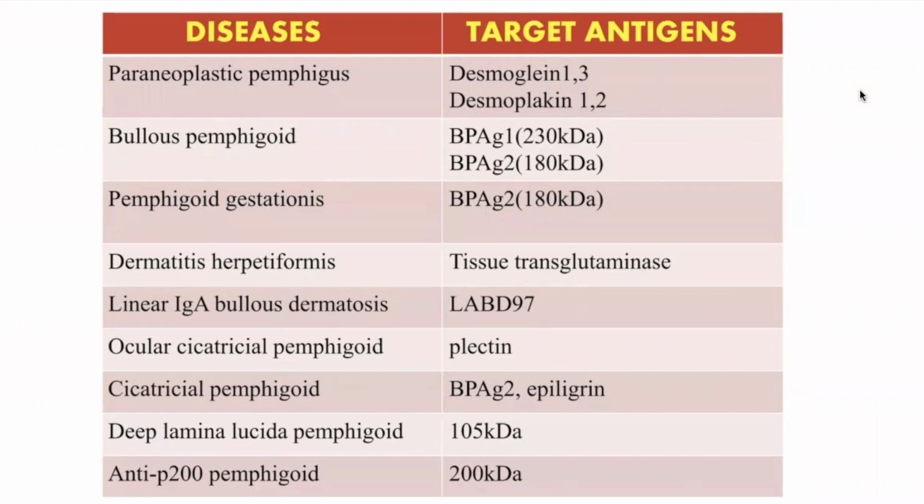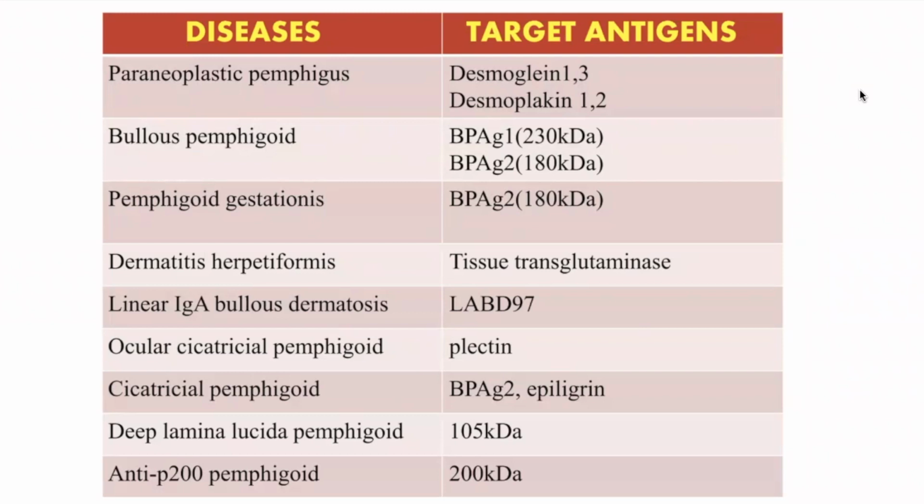Bullous pemphigoid is a subepidermal blistering disorder, and it targets BPAG1 and BPAG2. Pemphigoid gestationis targets BPAG2. Dermatitis herpetiformis targets tissue transglutaminase. Linear IgA bullous dermatosis targets LABD97. There is cicatricial pemphigoid, otherwise known as mucous membrane pemphigoid, and these target BPAG2 and plectin.